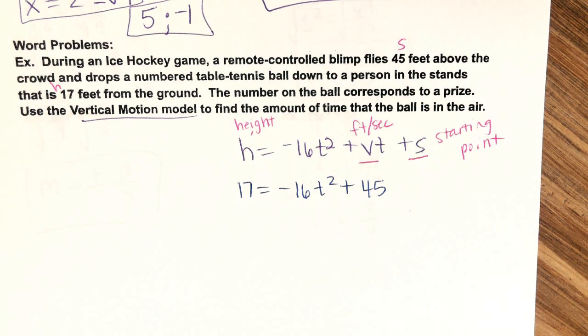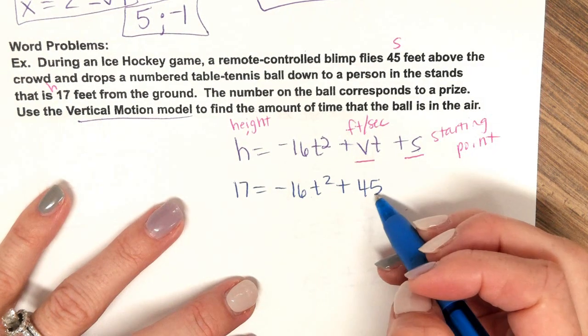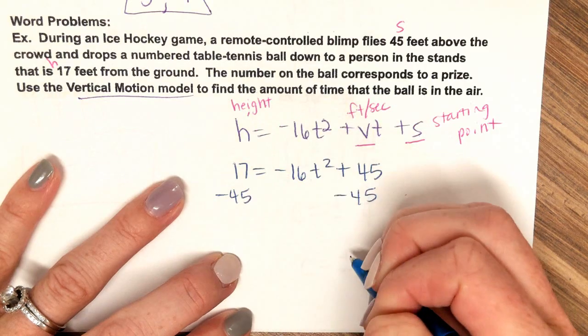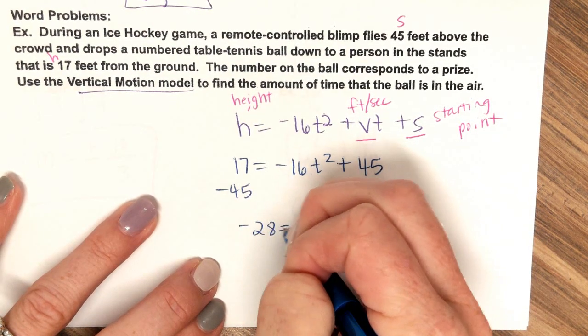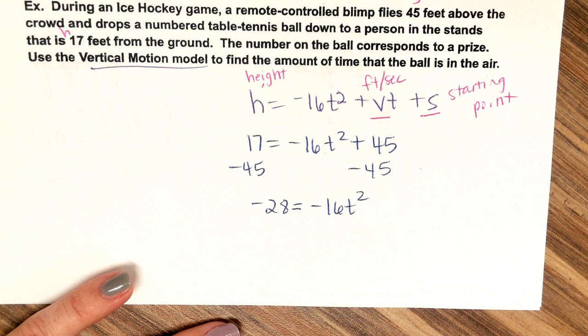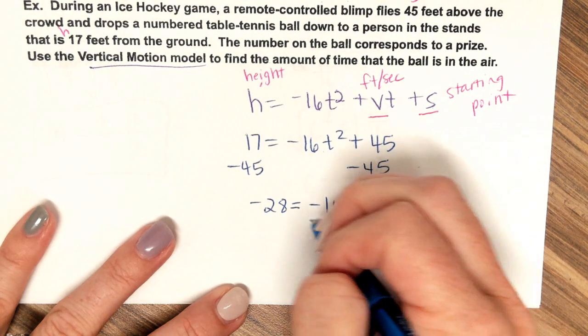Now, could we solve this using the square root method? Could we also set it equal to 0 and then solve? Yes. Okay, so square root method, I got to get the t isolated, so I got to get rid of the 45 by subtracting. So I have negative 28 equals negative 16t squared. To get rid of the negative 16, how would I do it?